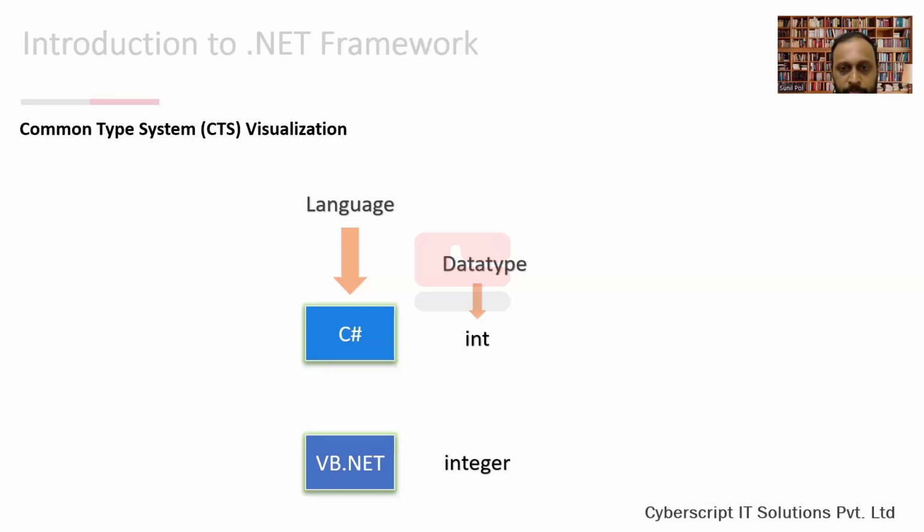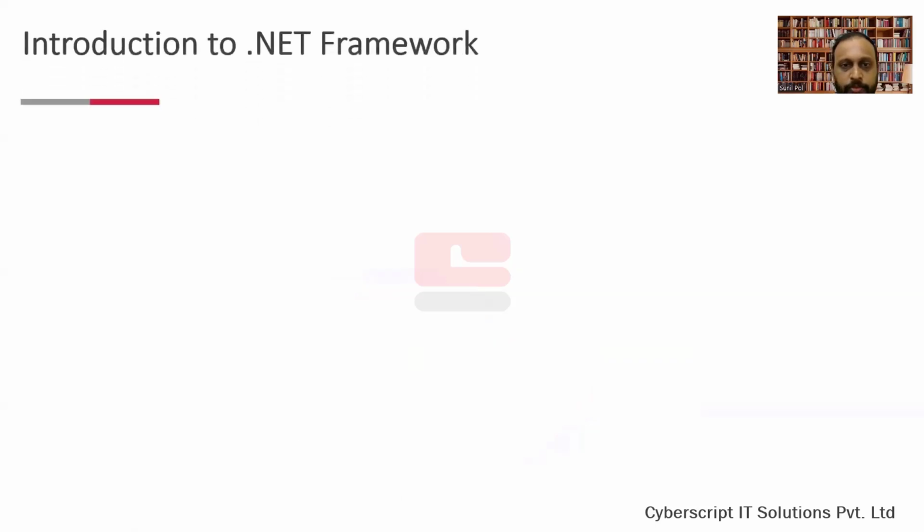In C#, the data type is int for digits, and in VB.NET, we call it Integer. When the code gets compiled by the respective compilers, it gets converted into Int32. So in MSIL, both data types get converted into the common type, which is nothing but Int32.